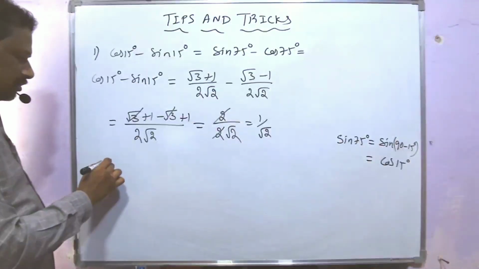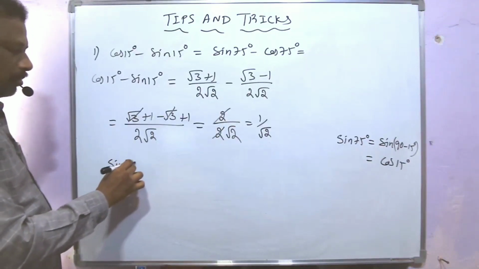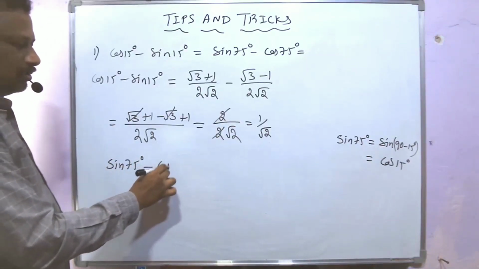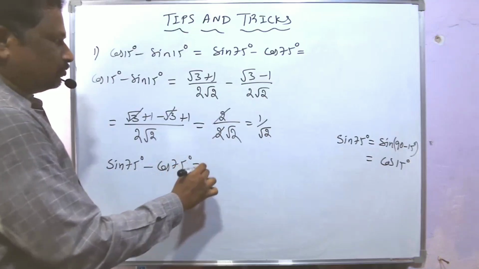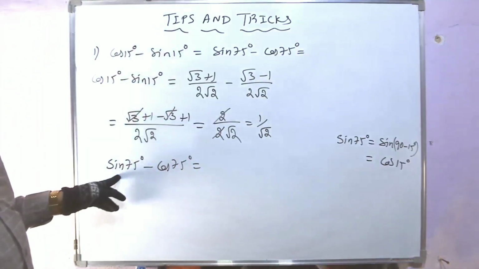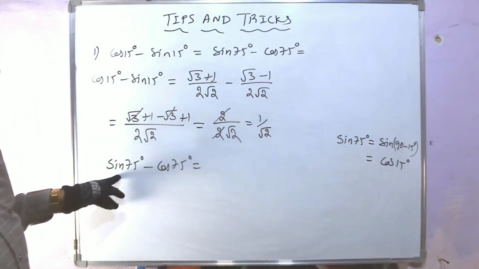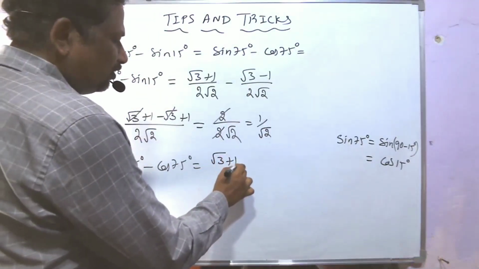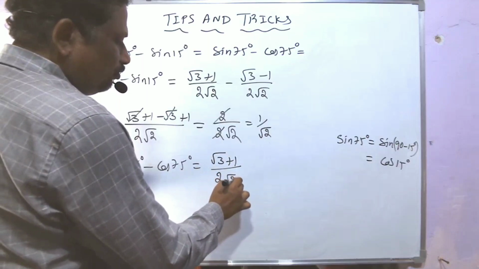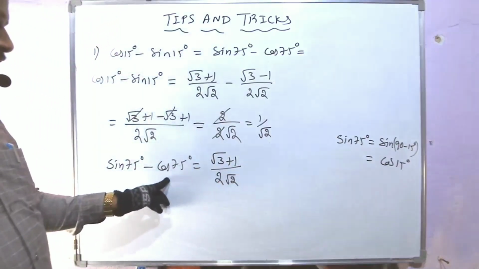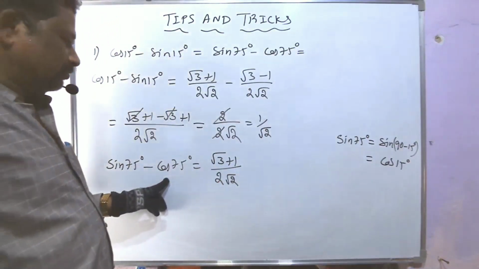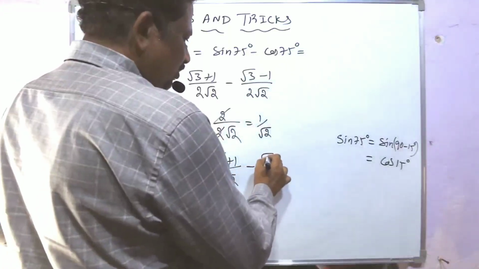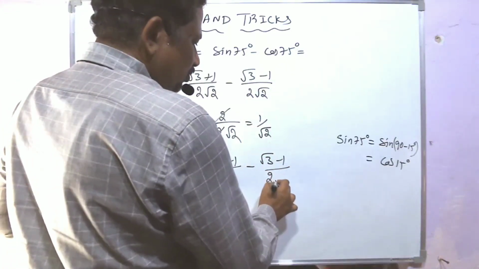Next, coming to the next one. Sin 75 degrees minus cos 75 degrees. So what is the sin 75 degrees value? 90 minus 15 means cos 15 only. Cos 15 means root 3 plus 1 by 2 root 2 only. Here sin 15 will come. Sin 15 means the same thing, root 3 minus 1 by 2 root 2.